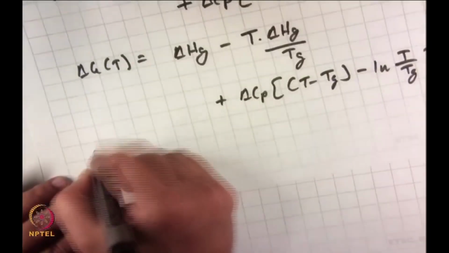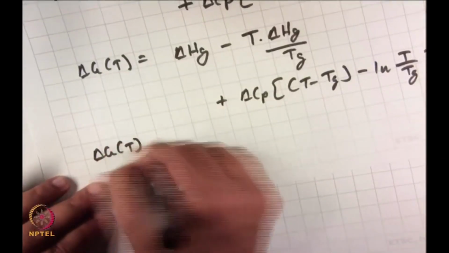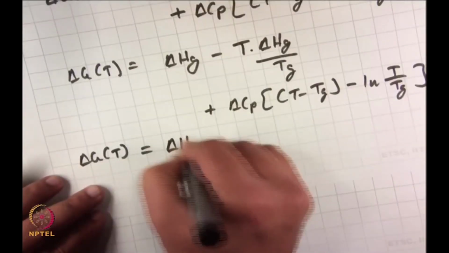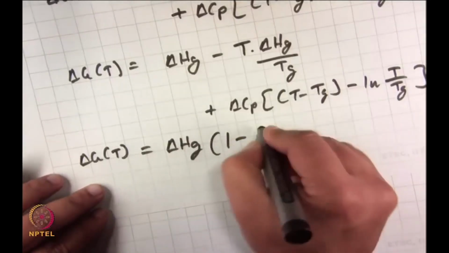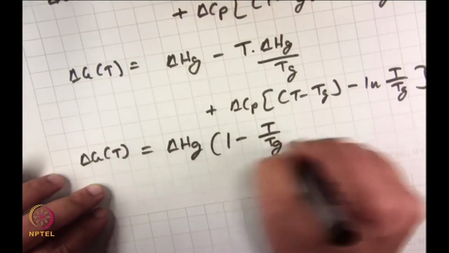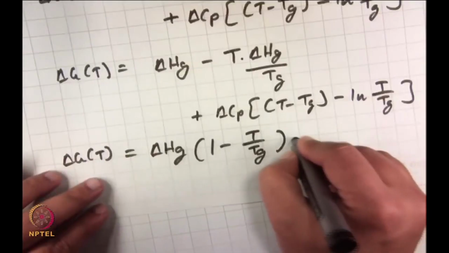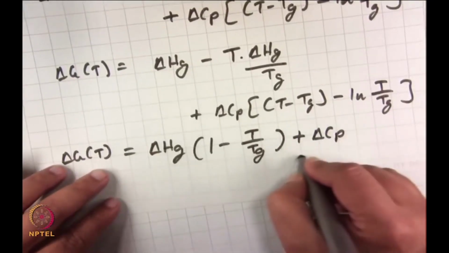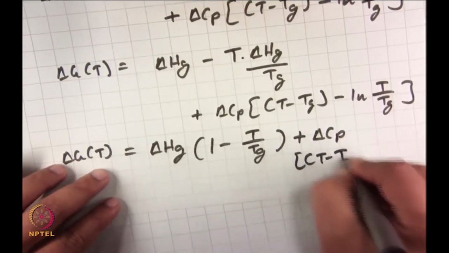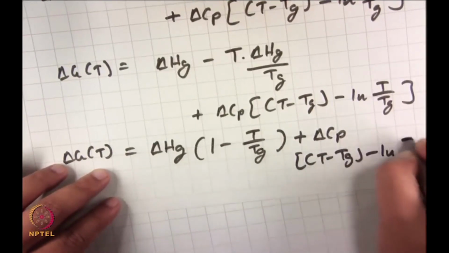So, I can rewrite this delta G of T as equal to delta H at Tg times (1 minus T over Tg), plus delta Cp times (T minus Tg minus T natural log of T over Tg).